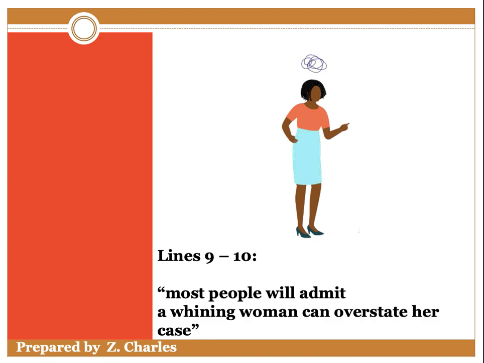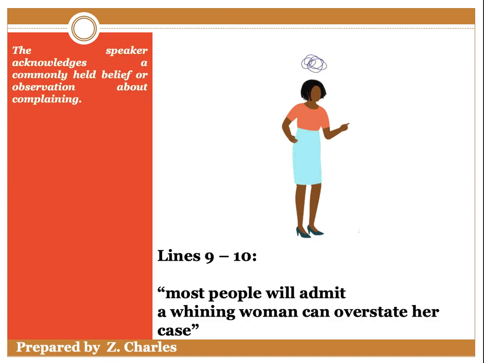Most people would admit a whining woman can overstate her case. What does that mean? The speaker acknowledges a commonly held belief, an observation we all know about complaining. But he also says a woman is complaining, and obviously it's not just one woman. This is a synecdoche, right? We're using one small thing to represent a whole.